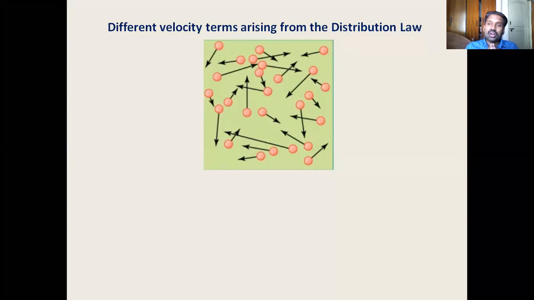What is Boltzmann distribution law? It is a distribution function, like I told you. We have discussed this at length.